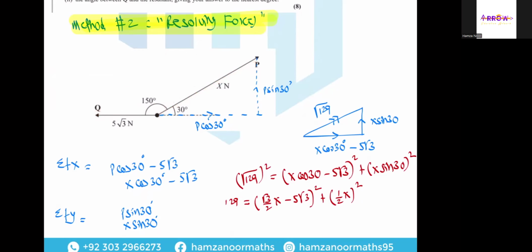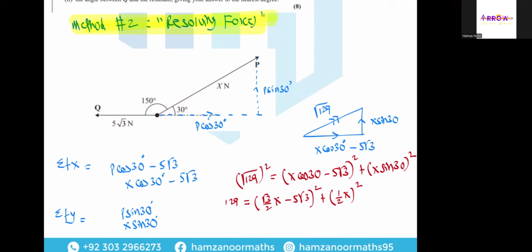The third side of the triangle was the resultant. So this implies that x cos 30 minus 5 root 3 would be positive. The horizontal component of the resultant force would be acting towards the right, and the vertical component would be acting upwards. This will be confirmed once you find the value of x as well.